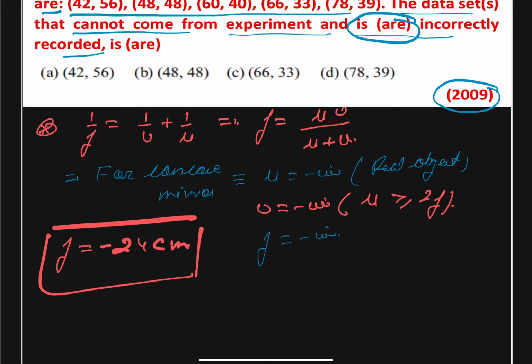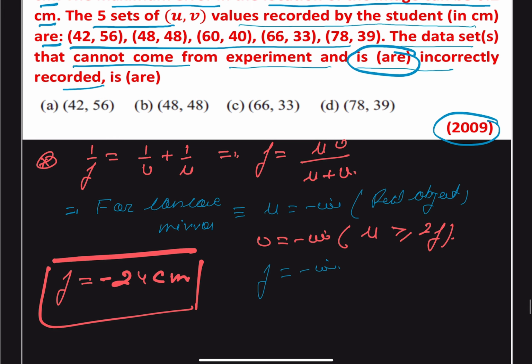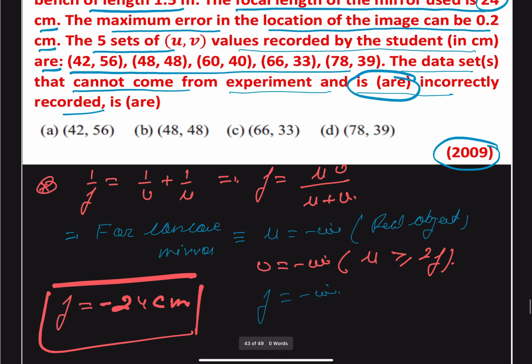And you can say that u is greater than 2f, and from every observation we can clearly see that. And the error is given to us as 0.2 centimeter.